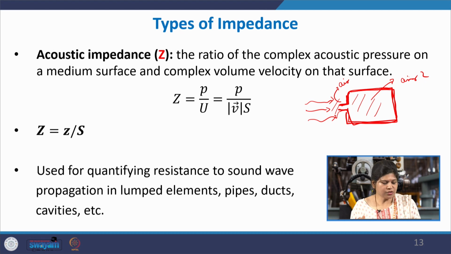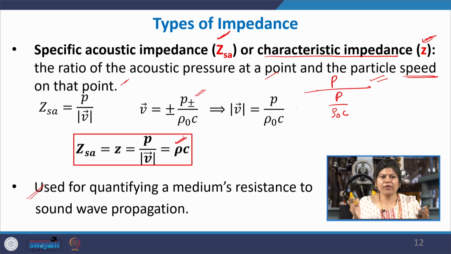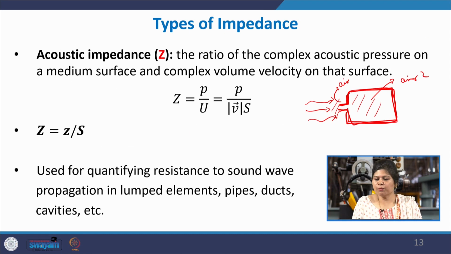You cannot just use this to quantify the difference, because this is used to measure different media like air versus water versus steel or some solid structure. Here both the media are the same.